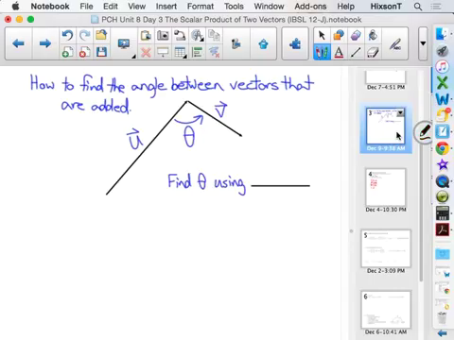Maybe a little hard to see the arrowheads here, but U is going like this, and V is going like this. How would I find the angle between those two vectors? Or I should say, the angle in that vector addition problem.